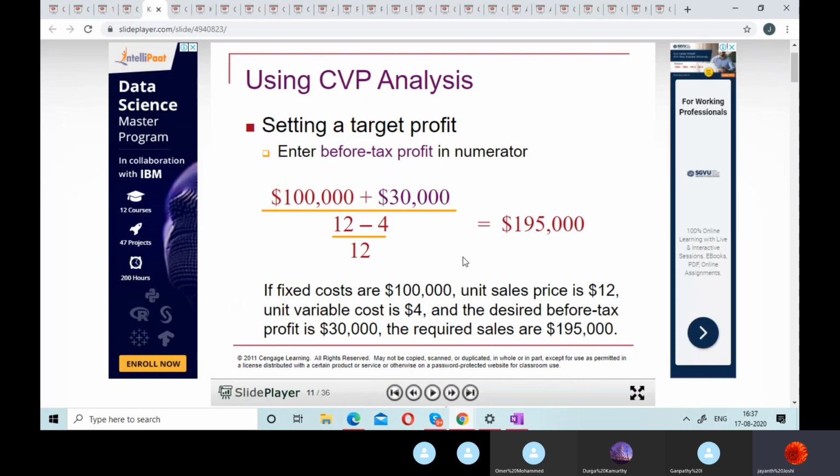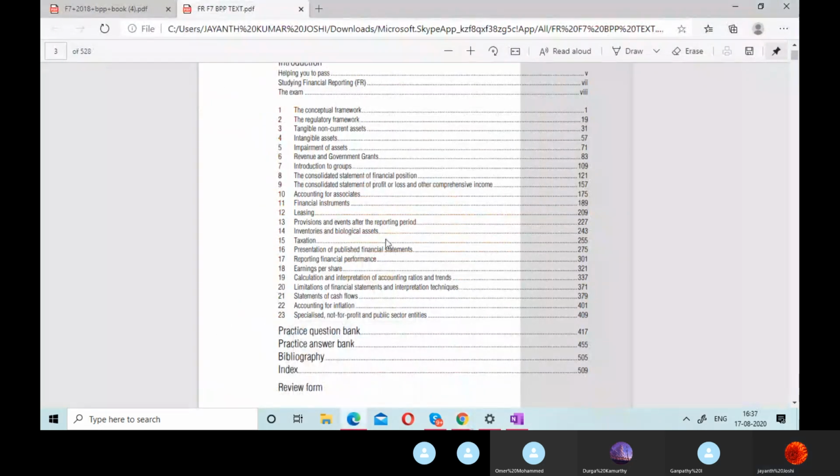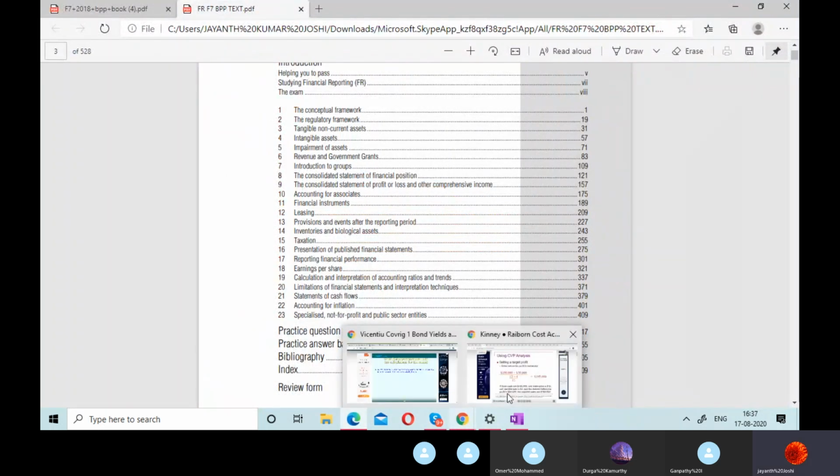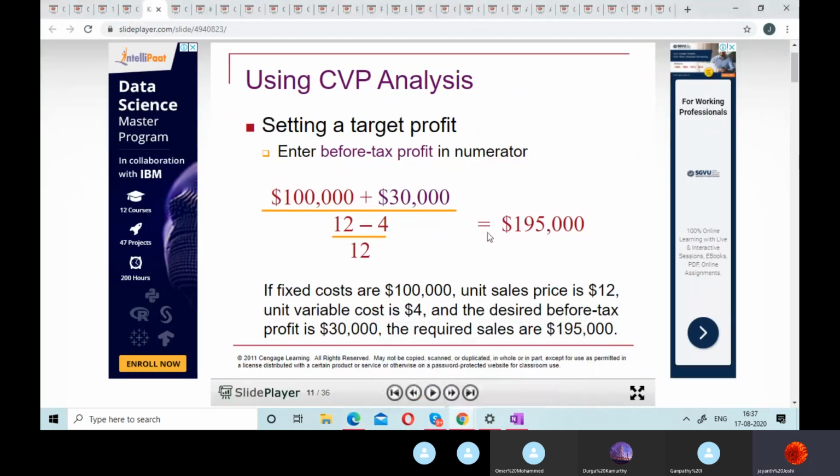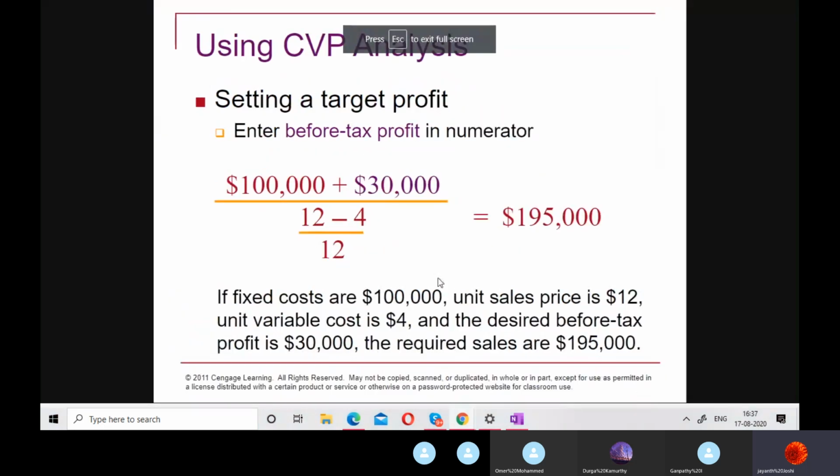So my question comes here. Just a second, we'll see the textbook. In that they have given something. Number of units required for desired profit, or sales required for desired profit. Or what will be the sales if you desire a profit of 30,000. So let's see the question. Setting a target profit, enter before tax profit in the numerator. So this is before tax profit we are speaking about.